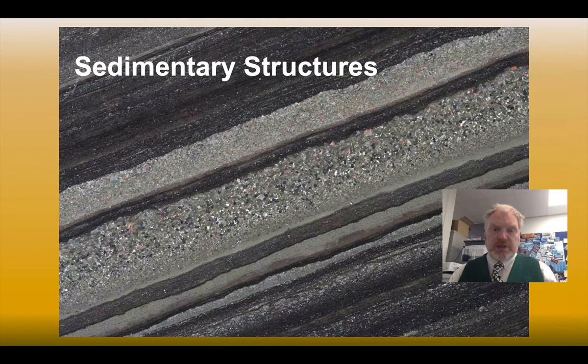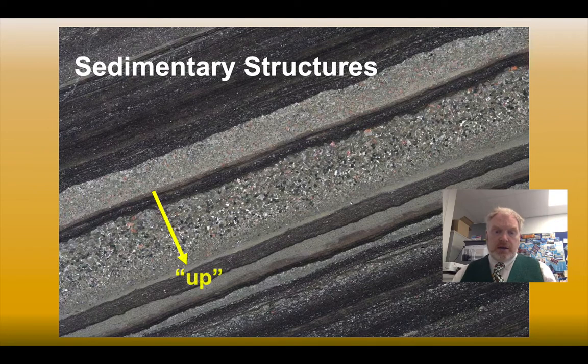This is an image of some graded bedding. With graded bedding, we have coarser grain clasts at the bottom of a bed, grading up to finer grain at the top. Clearly we can see on this image that that's not the case.